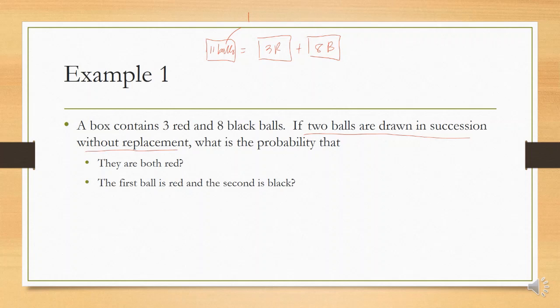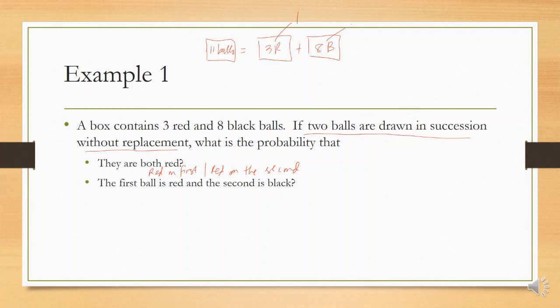At yung una ay red on the first at red on the second. Dalawa yung ating event. So, ibig sabihin, nung 11 pa yung bola natin, kumuha tayo ng isang red.